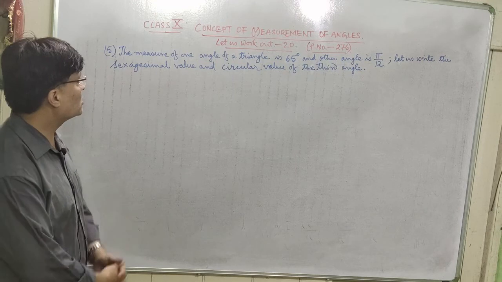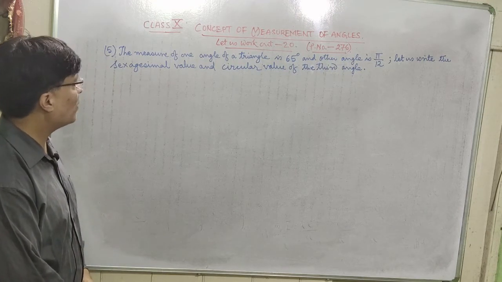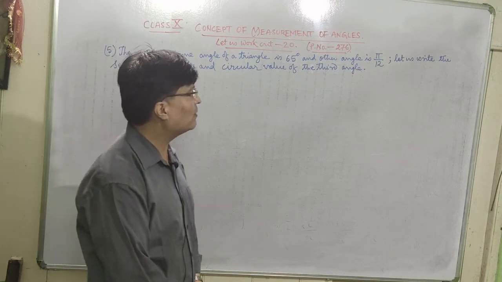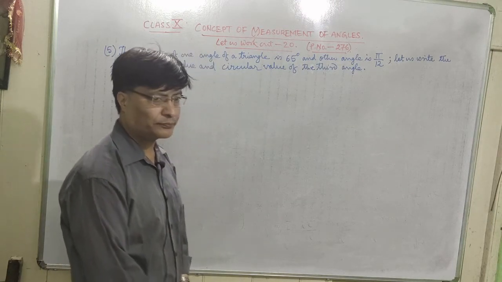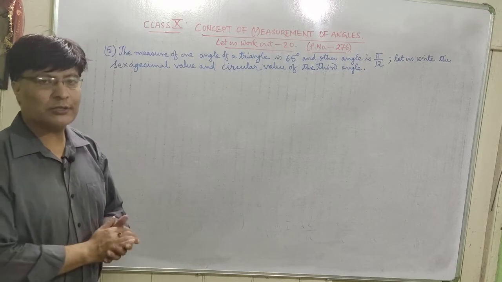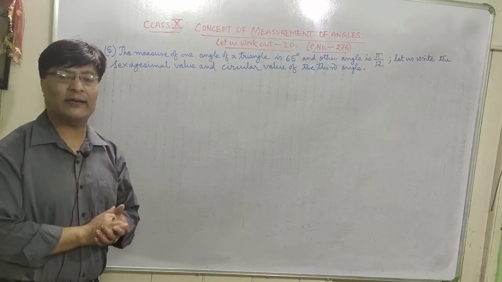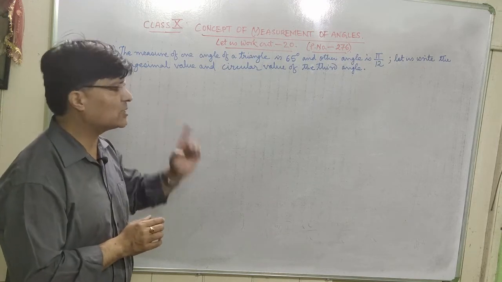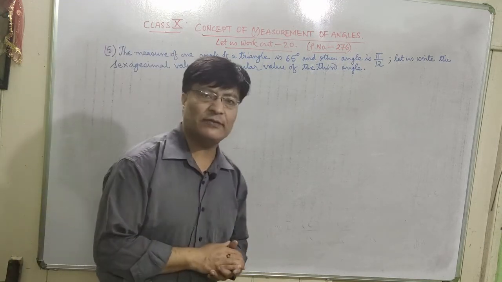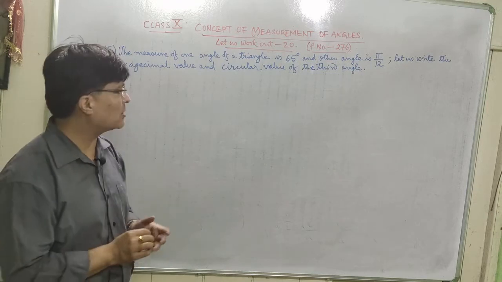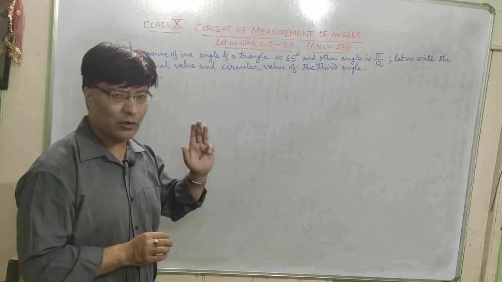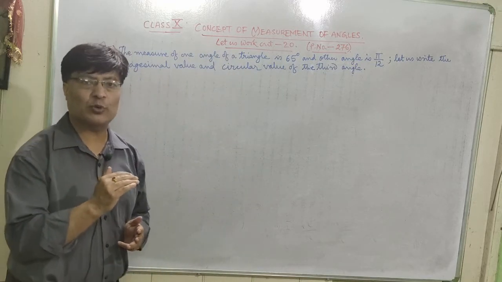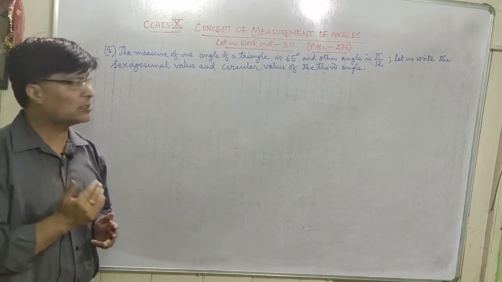In the question it is given that the measure of one angle of a triangle is 65 degree and the other angle is pi by 12. The first angle is given in terms of sexagesimal system, and the other angle is pi by 12, that is in terms of circular measure, that is in terms of radian.